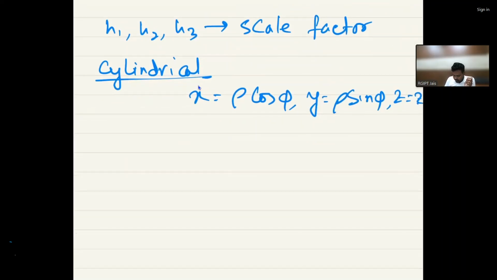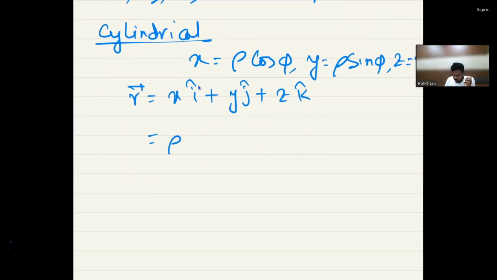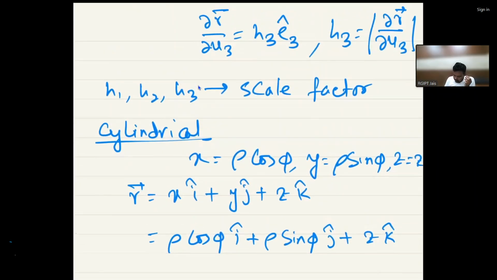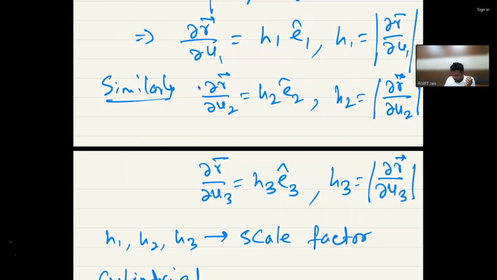Then the position vector r, we know, is x i cap plus y j cap plus z k cap. So we can write this as rho cos phi i cap plus rho sin phi j cap plus z k cap. Okay. So now if we want to find out the scale factor, H1 means del R by del U1.